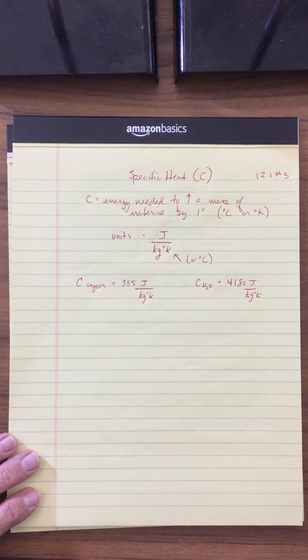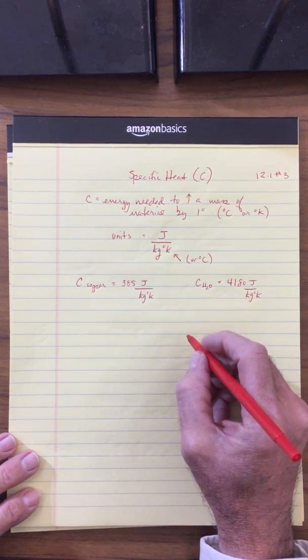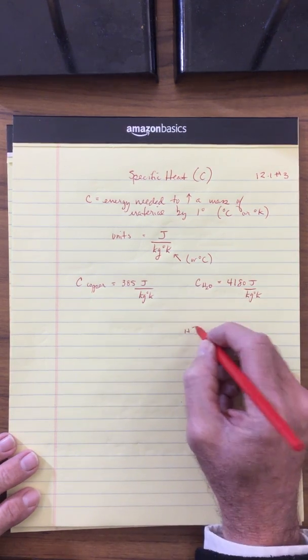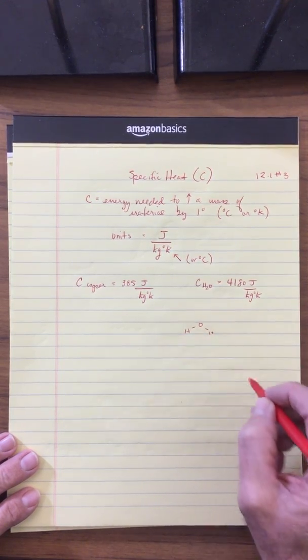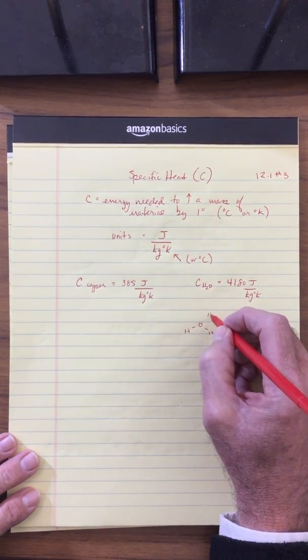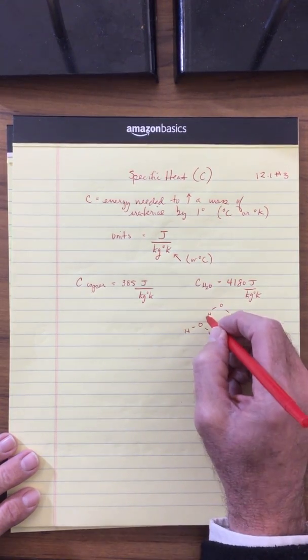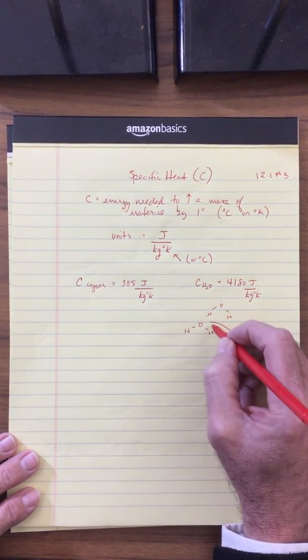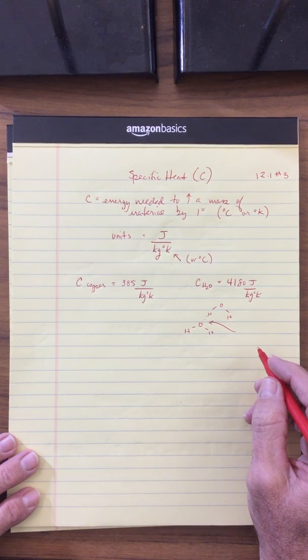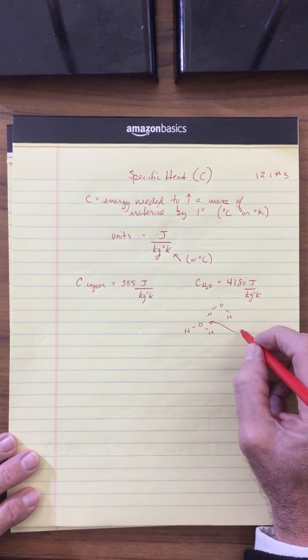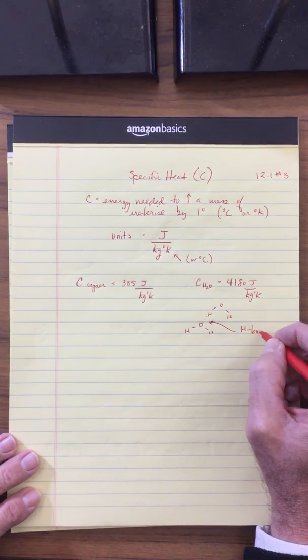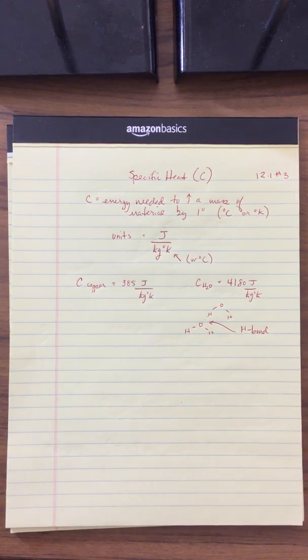And if you remember from chemistry, this has to do with the hydrogen bonding of water. Remember, water has this bent shape. It looks something like this. And it has these magnetic attractions between them, or these electrical attractions. And this is the hydrogen bond that exists between 2 water molecules.